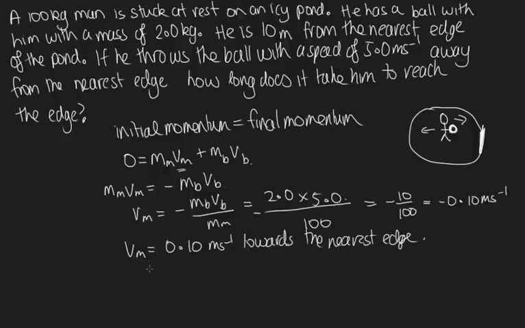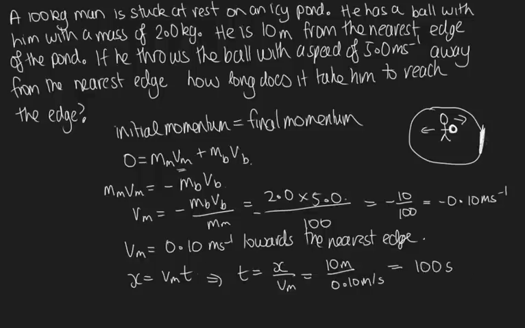And now he's starting from rest, so we can use that the distance travelled, x, is just equal to the speed times the time. So the velocity of the man times the time. And so the time it takes the man to reach the edge is equal to the distance he has to travel over his speed, and the distance he needs to travel is 10 meters, and the speed he's going at is 0.10 meters per second, and so this tells us that it will take him 100 seconds to reach this edge.